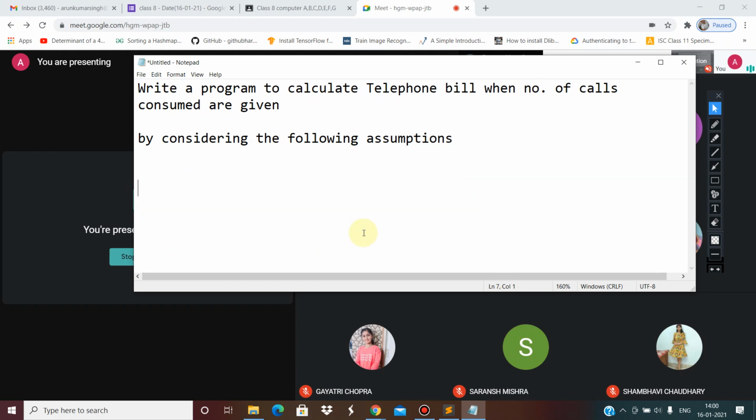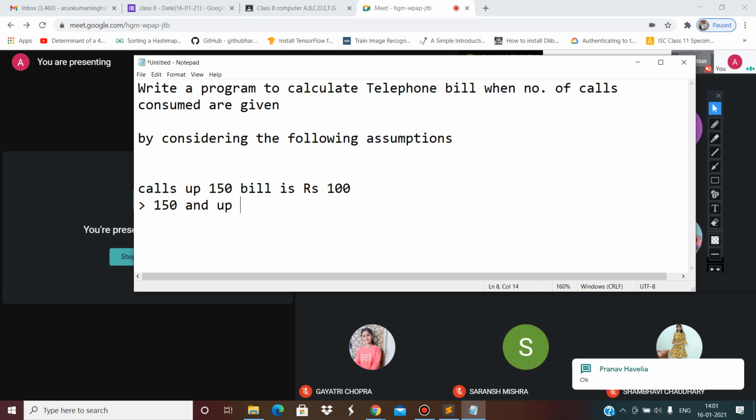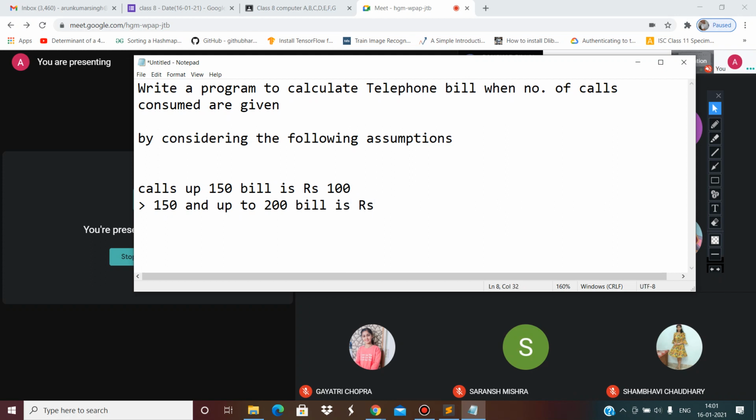And this question you have to attempt on your own. Calls up to 150, bill is rupees 100. More than 150 and up to 200, bill is rupees 2.5 per call.